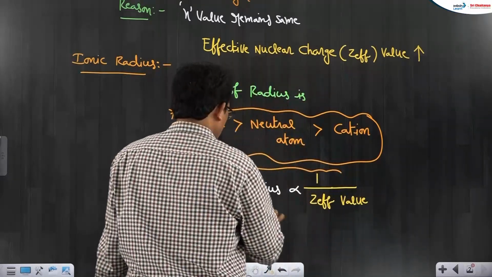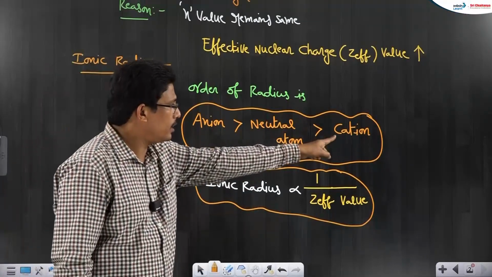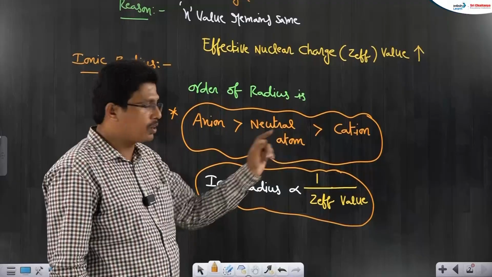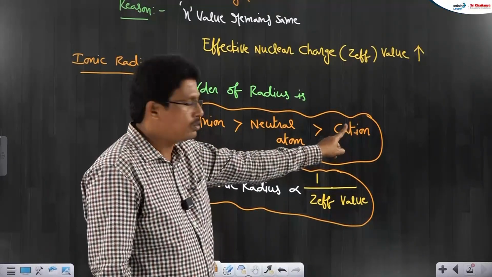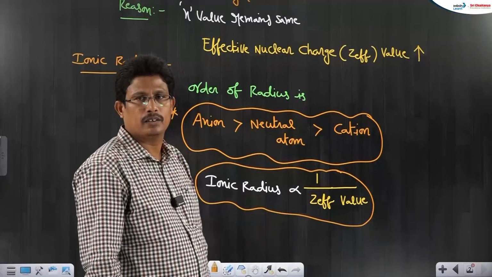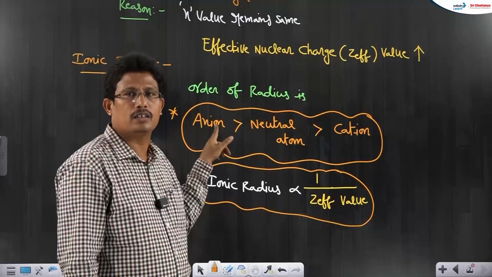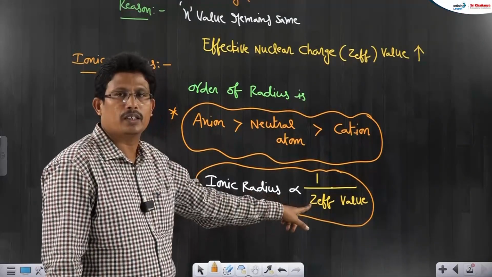If you observe the effective nuclear charge, in a cation the number of electrons is less compared with the number of protons. That's why effective nuclear charge is more, so its radius is less compared with anion. In an anion, the number of electrons is more compared with protons, so effective nuclear charge is less.